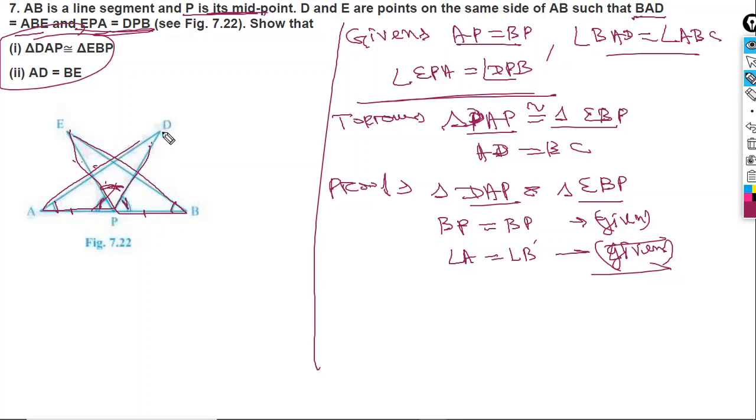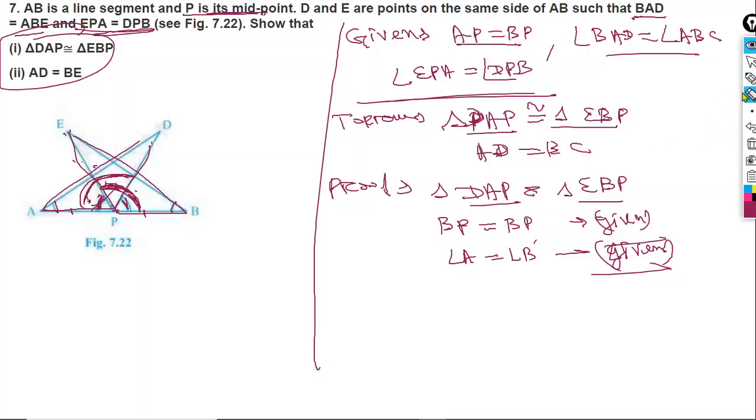If we add angle DPB and angle EPD, the two will form this big angle. Similarly, if we add angle APE and angle EPD, then it will form this angle. So these two angles will be equal, because we are adding the same thing on both sides. That is what we are going to do now.